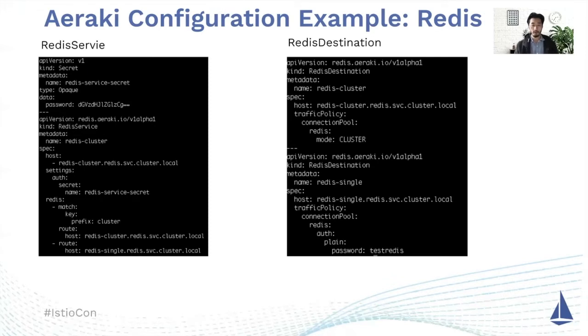Leveraging these CRDs, you could offload the Redis operation from the client code to the Envoy sidecar, including data sharding, read-write splitting, traffic mirroring, authentication, etc. Okay, I'm not gonna dive too deep into these Aeraki CRDs. Tanya will give us some more real-world use cases later.